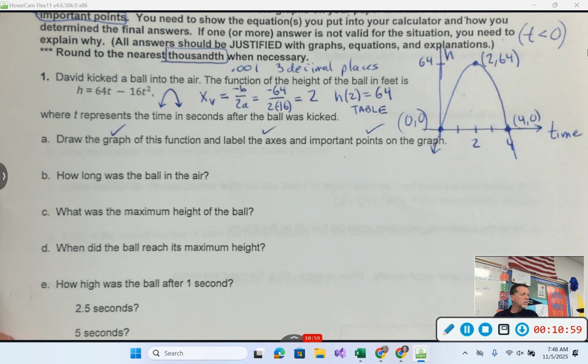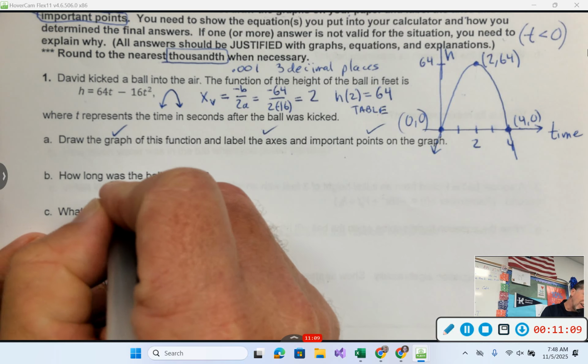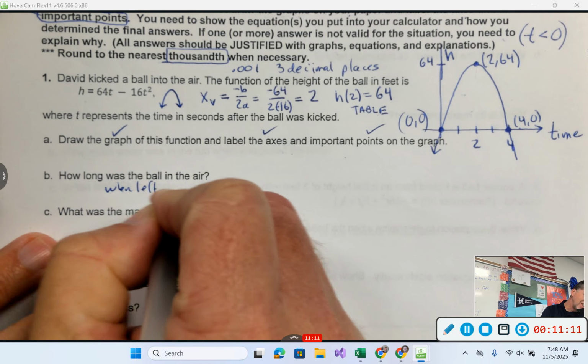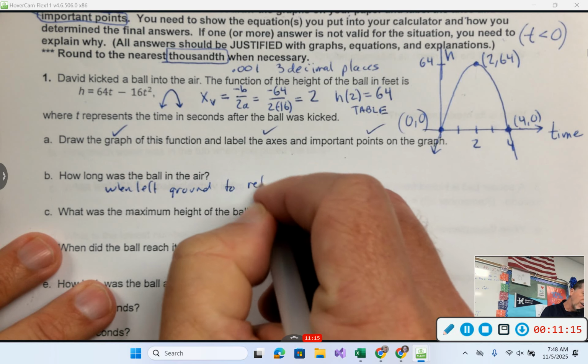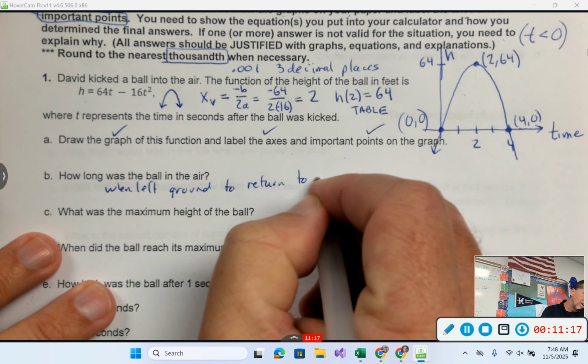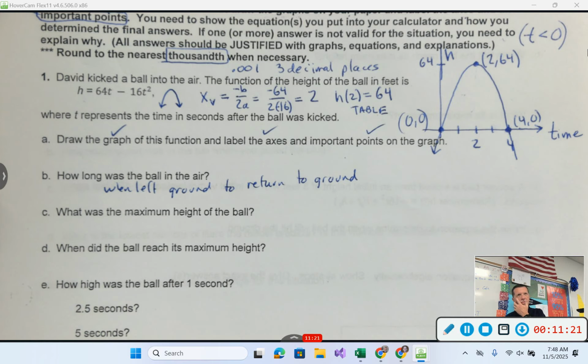How long was the ball in the air? 4 seconds. How do you get 4 seconds? Because when it left the ground to return to ground. Yeah, that's how long it's in the air. When it leaves the ground, when it returns to the ground.